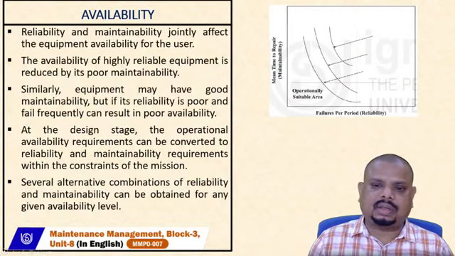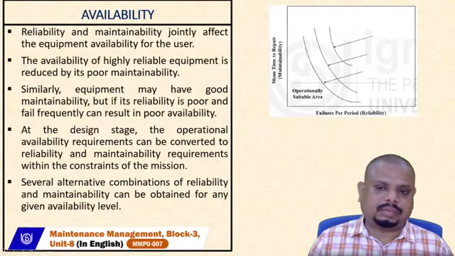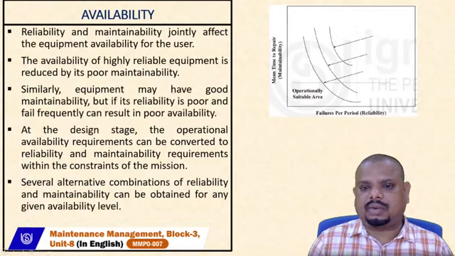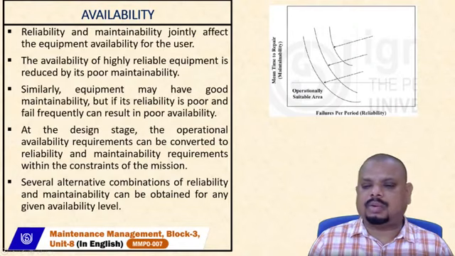If I increase maintainability and reliability, that directly affects the equipment availability for the users. If the maintenance department takes care of maintainability as well as reliability, then the machine's availability is ready for the users for the next period of time. This is the concept of availability which is implemented in various organizations to reduce failures, and the next important part is to maintain the time to repair whenever it is available.